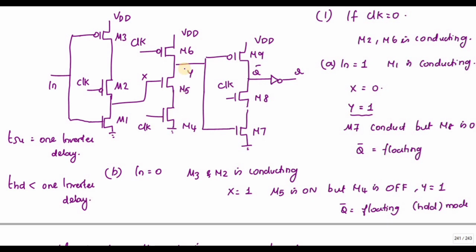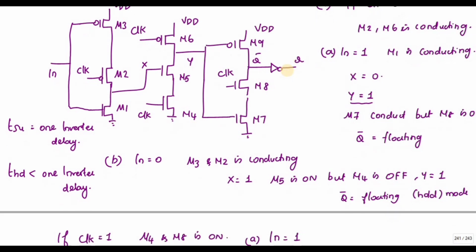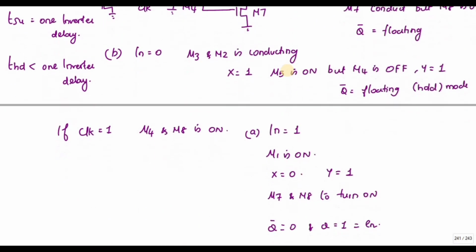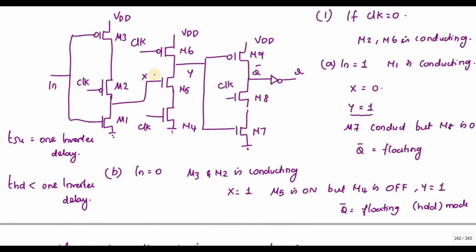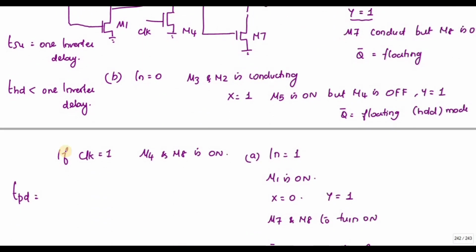And since the data is holding here, from here to my output, that represents the propagation delay, TPD. The input from the X to reach the output Q has to cross 3 inverters: this is 1 inverter, second and third. So TPD, propagation delay, is equal to the delay of 3 inverters.